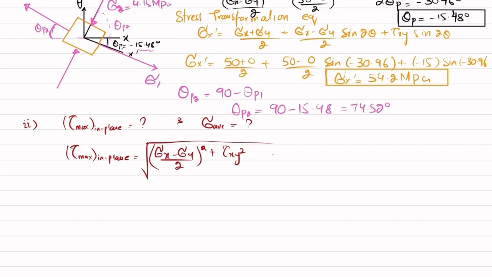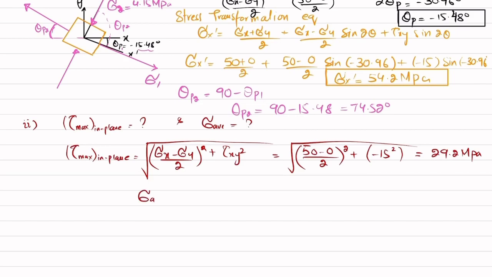So put the value, sigma x was 50 minus sigma y is 0 divided by 2 whole square plus tau of xy, which is minus 15, whole square, and we will take the square root. When you calculate, it will be 29.2 megapascal. And the associated average normal stress is equal to (sigma x plus sigma y) divided by 2, that is (50 plus 0) divided by 2, equal to 25 megapascal.